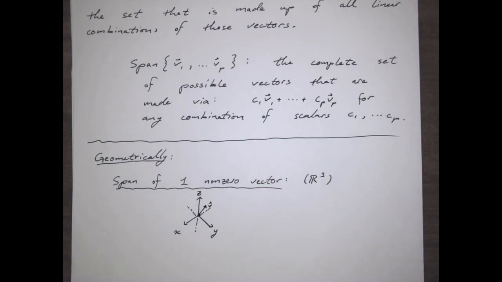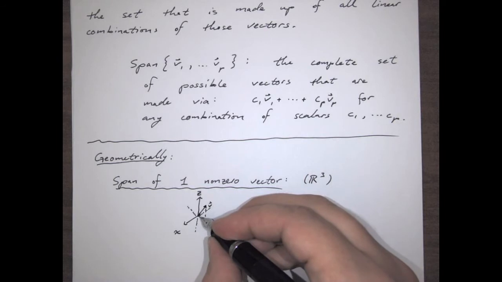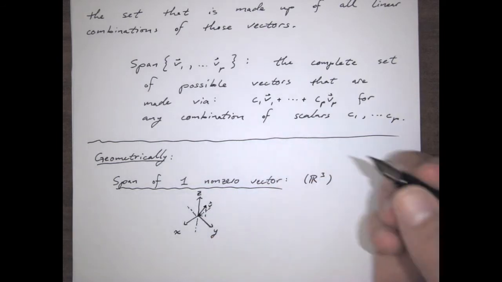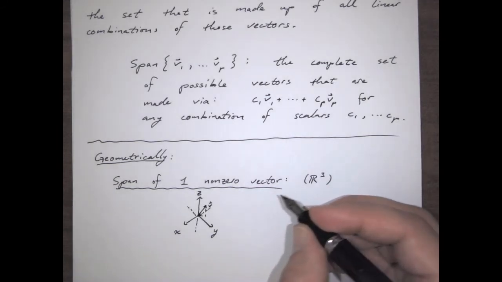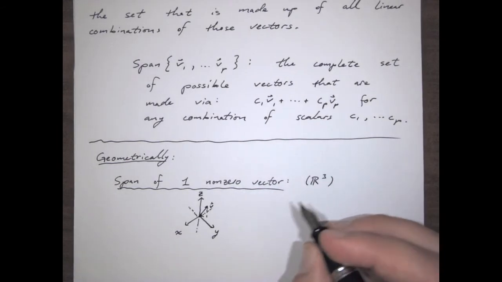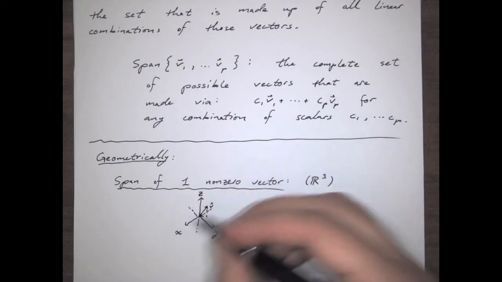Now, what it means to have a linear combination of the vector v when there's only one of them is basically we can just apply whatever weight we want. So that means we can scale it up, we can scale it down.